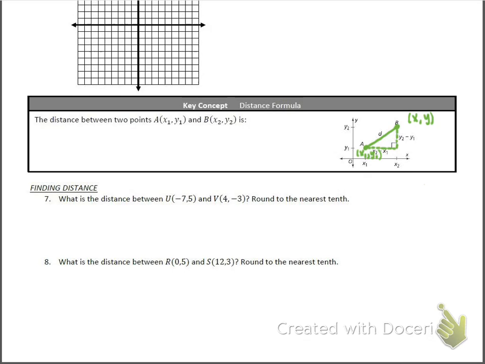Is everybody okay with that? We did this for slope formula as well. So what would be the coordinates of B? x2, y2. And that just means the second x coordinate and the second y coordinate. Okay? So x2, y2.